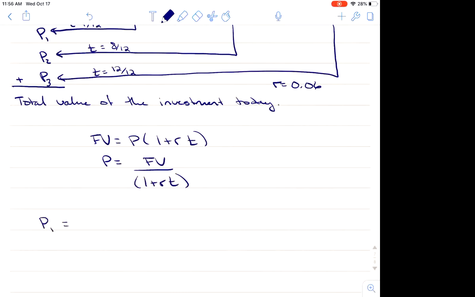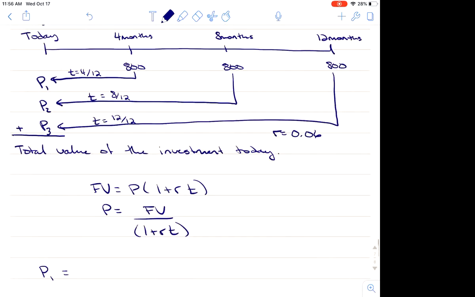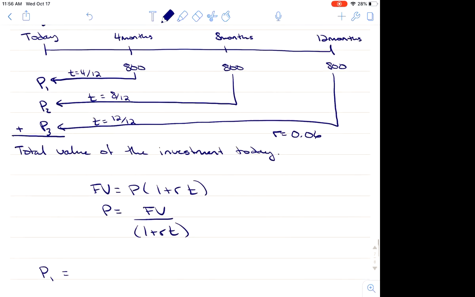P1, we can just plug in the values. The future value is always at the end of the arrow. So on the right-hand side is your future value. On the left-hand side of the arrow is your present value, or your principal amount, as we've been calling it. Your future value is 800 for all of these.